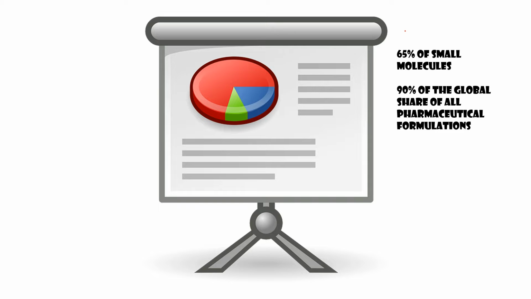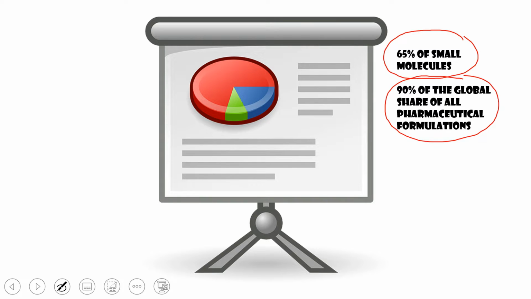These are called large molecules. So 65% of small molecules are administered as oral dosage forms, and 90% of the global share of all pharmaceutical formulations are also oral dosage forms, and that is quite a huge percentage.